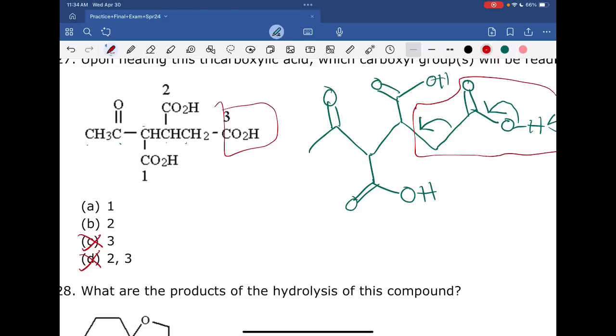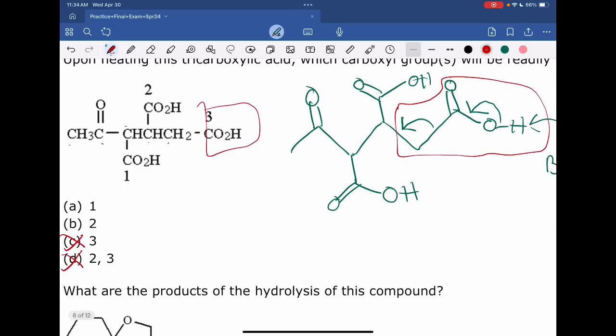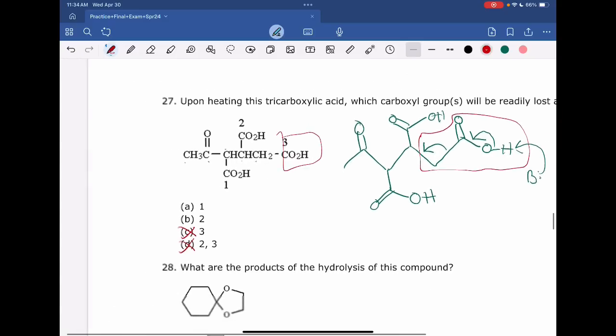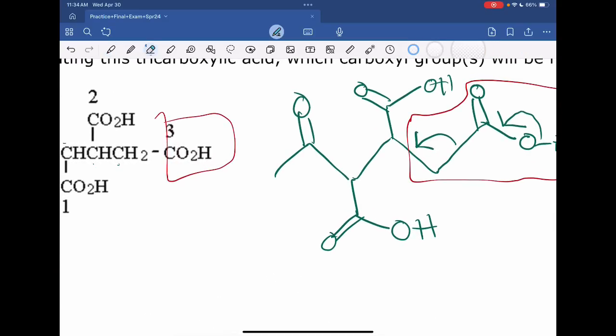Okay, so we're just in between 1 and 2 right now. Hopefully you could see that the place where this is going to happen is CO2 number 1. Let me redraw this. So you have a base. You could either do it with a base or this carbonyl grabbing it. Whatever is fine.